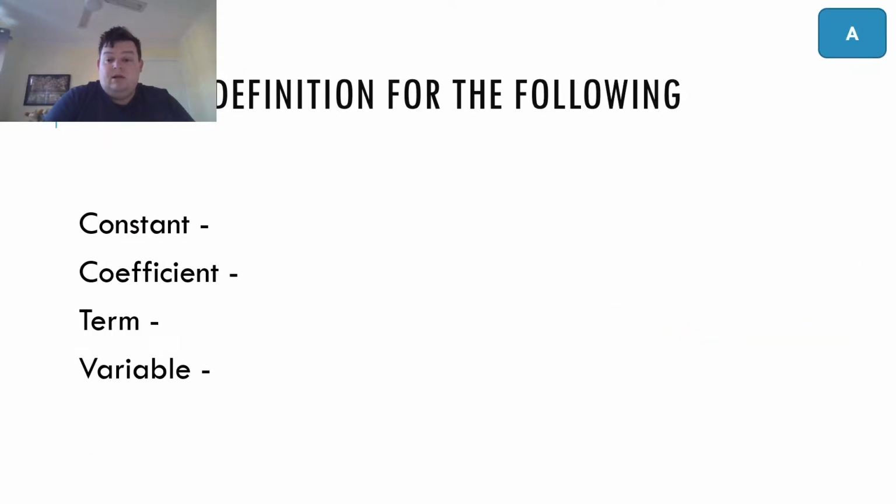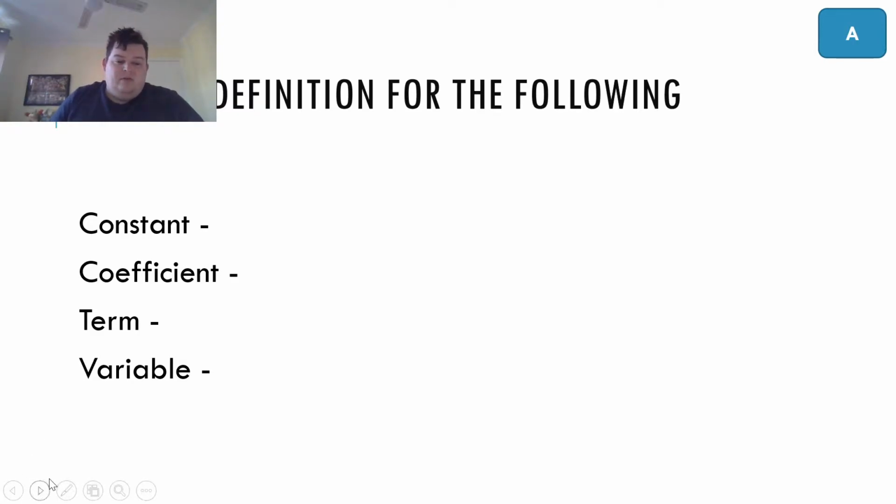All right. Let's talk about a couple of definitions for what these words mean, and I think you can write down these definitions in your book somewhere so you can remember them. So firstly, a constant. A constant is a number that is not multiplied by a variable, just on its own.